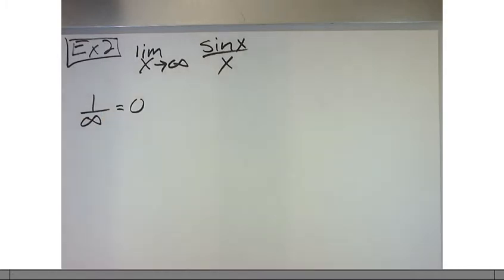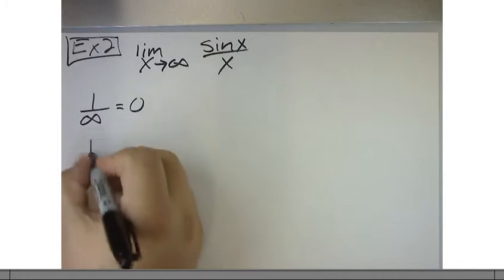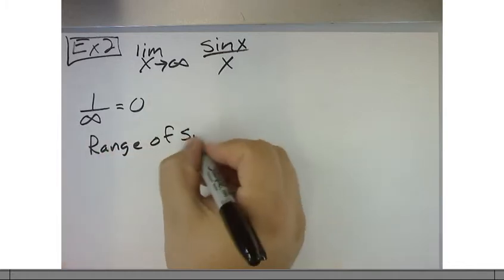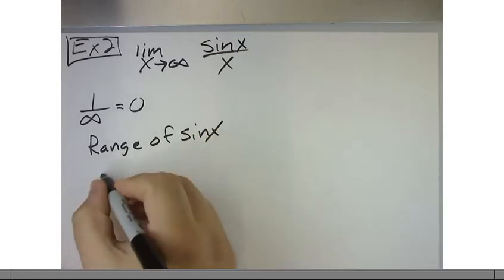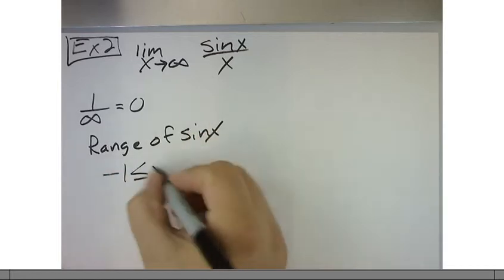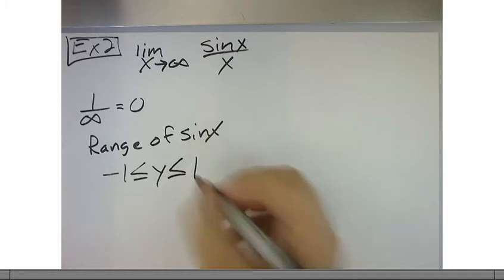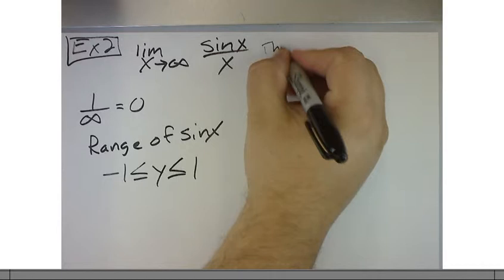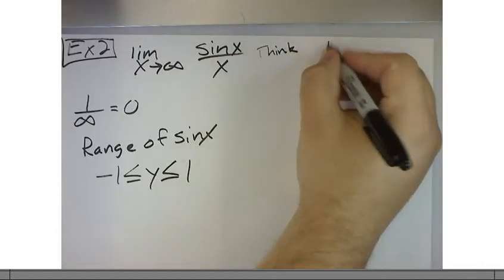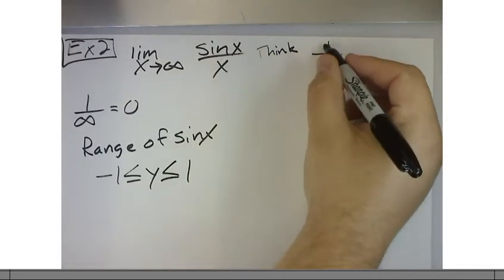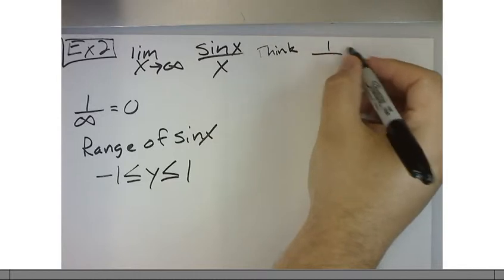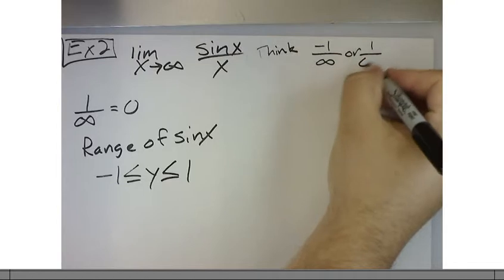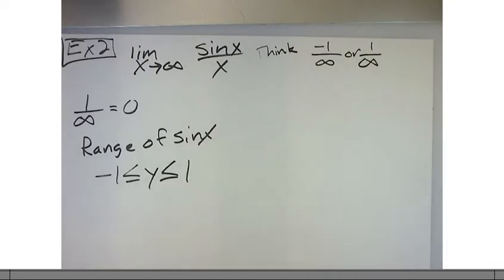So now, what is the range of sine of x? Negative 1 to 1. So we could think that this is like negative 1 or 1 over infinity, so it's a very small number.